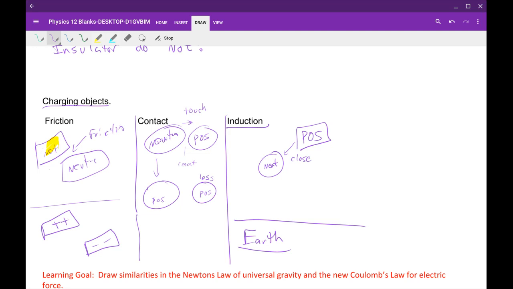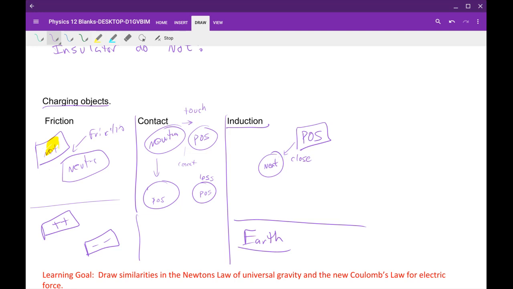Right as it gets close, all of the electrons in this neutral object are going to get pulled over to this side. They're like, oh man, there's a positive object over there. As soon as it touches, we're going to jump over. So I'm going to get in line. So these electrons are hanging out way up here in this corner, all waiting.